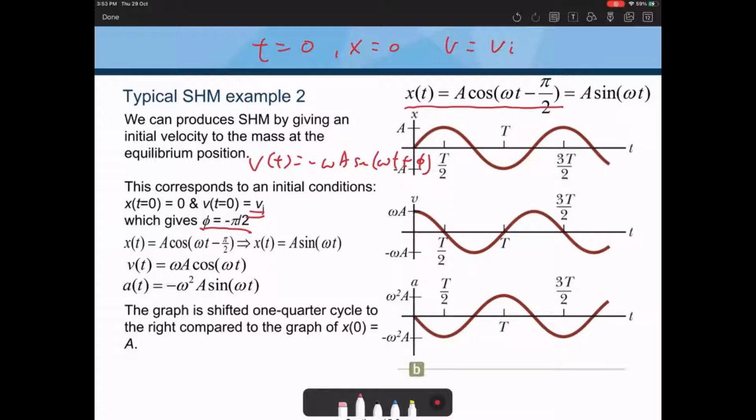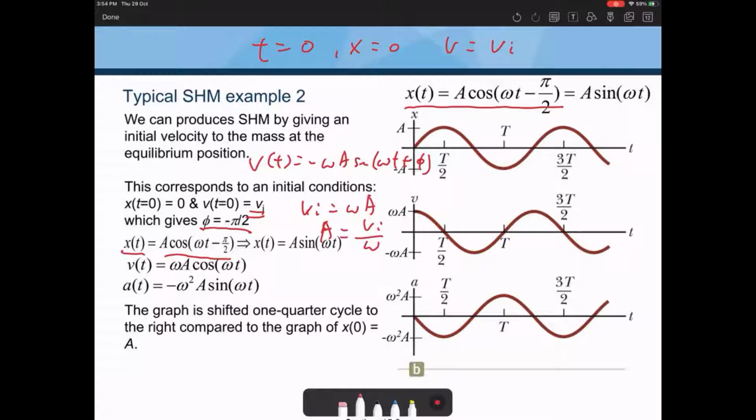In fact, if you are keen to work out the value of A, you will see that v_i is the maximum velocity, which is equal to omega times A. So A would be equal to v_i divided by omega. In any case, the particle displacement is equal to A cosine omega t minus pi/2, and it becomes A sine omega t.